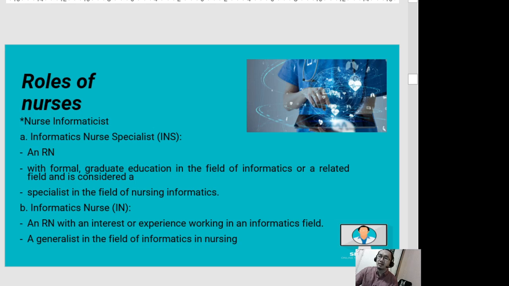The informatics nurse specialist, or INS, is usually a graduate of a Bachelor of Science in Nursing, a registered nurse with formal graduate education in informatics or a related field, and is considered a specialist in nursing informatics. The informatics nurse is a registered nurse with an interest or experience working in the informatics field, and is considered a generalist. So one is a specialist, and the other is a generalist in the field of nursing informatics.